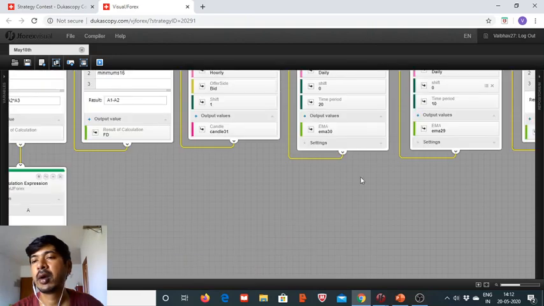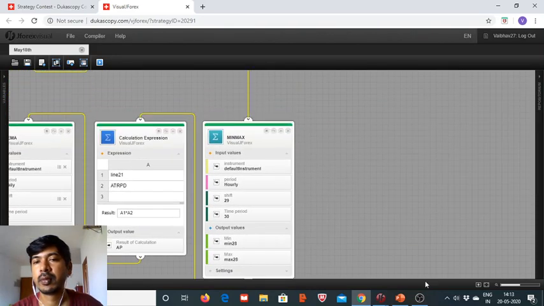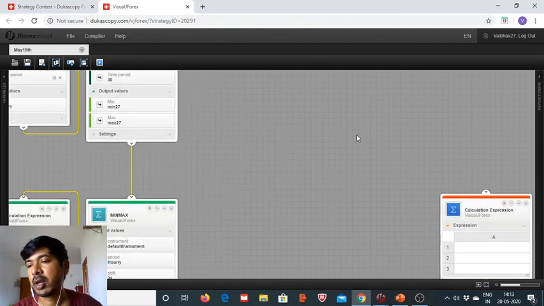Now we have one calculation expression block here, which we can still utilize.